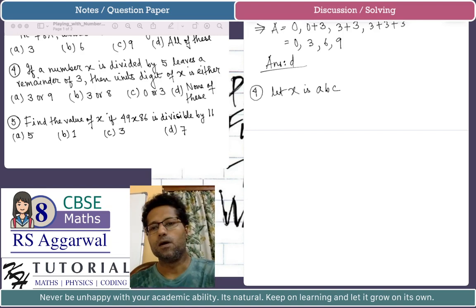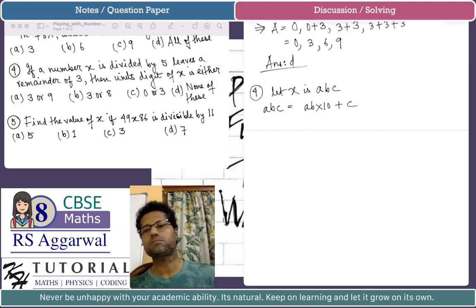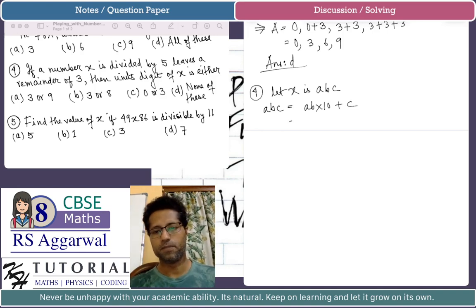Now ABC is equal to AB multiplied by 10 plus C. We can say this from the general form of numbers.